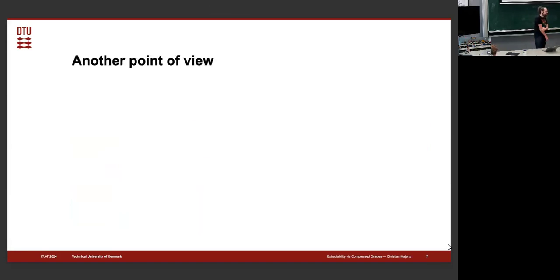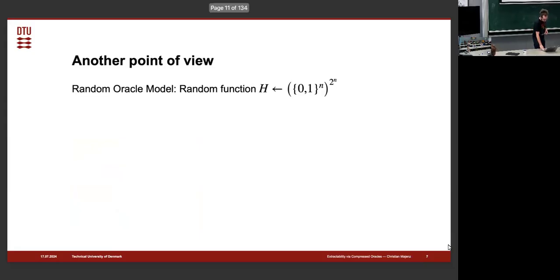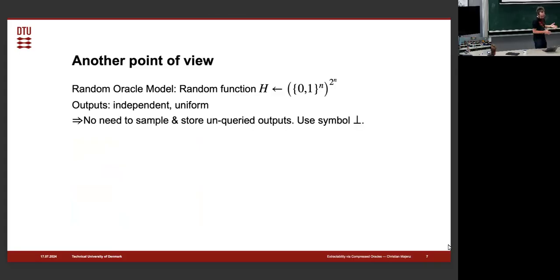Here's another point of view on this technique that turns out to be more useful for the quantum setting. The outputs of a random function are independent and uniformly random. So there's no need to sample and store unqueried outputs. We can just use a special symbol, the bottom symbol, to mean this output has not been sampled yet.